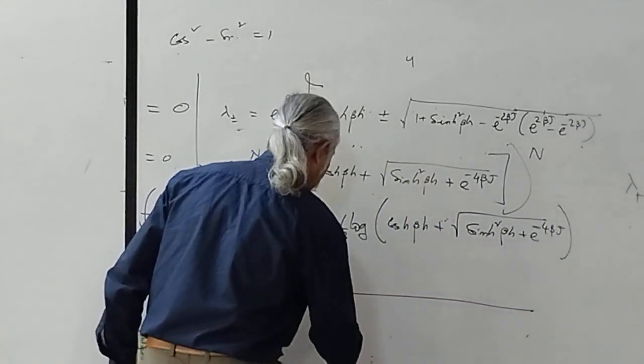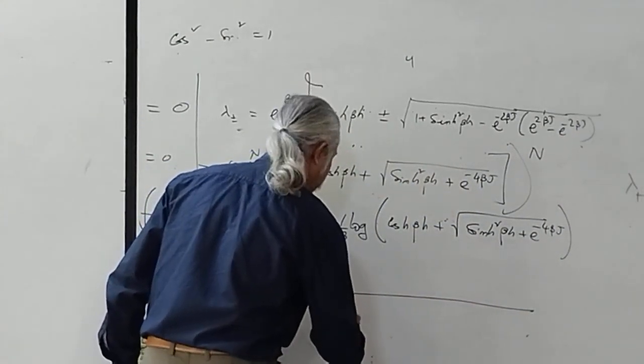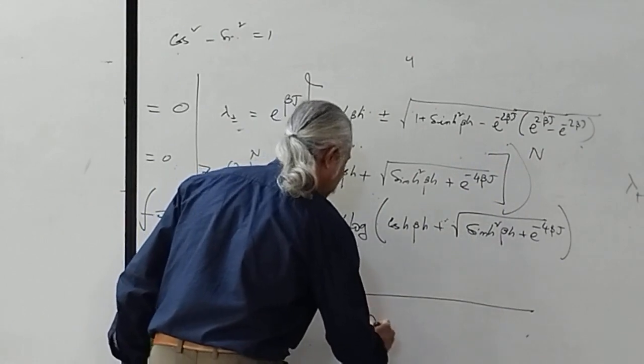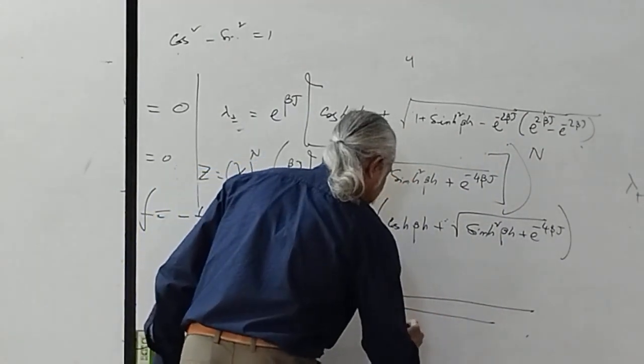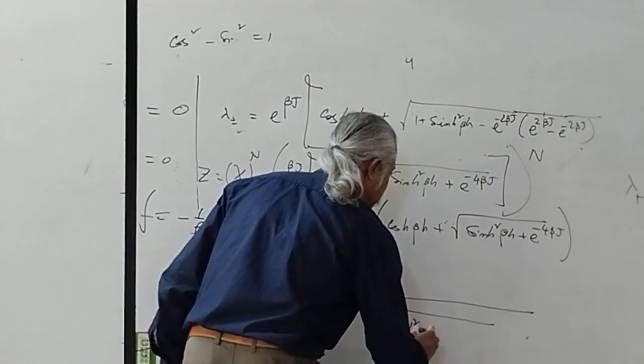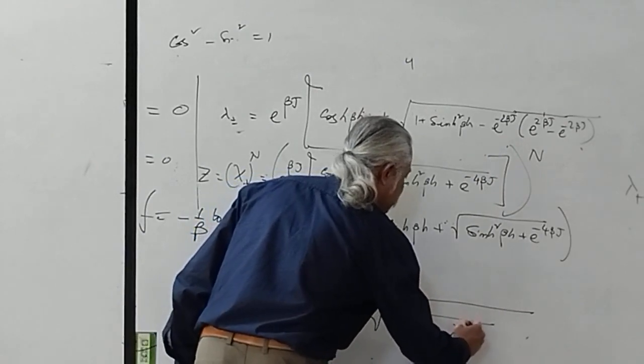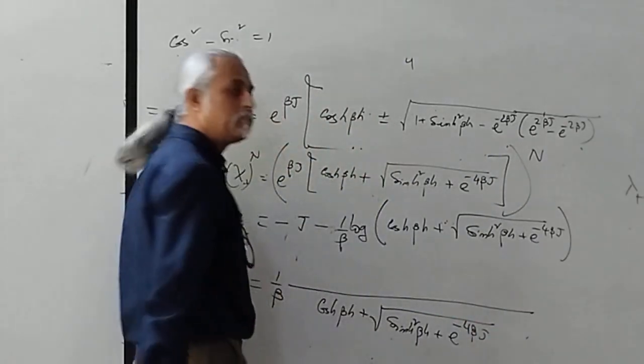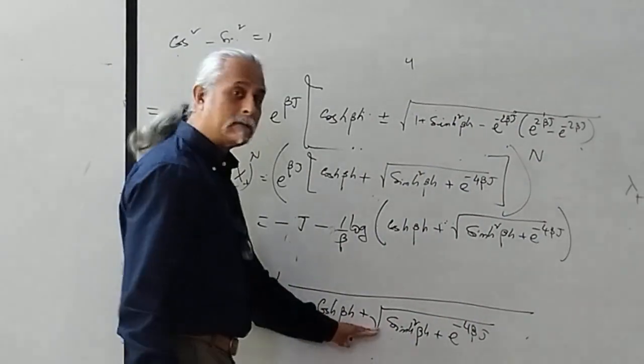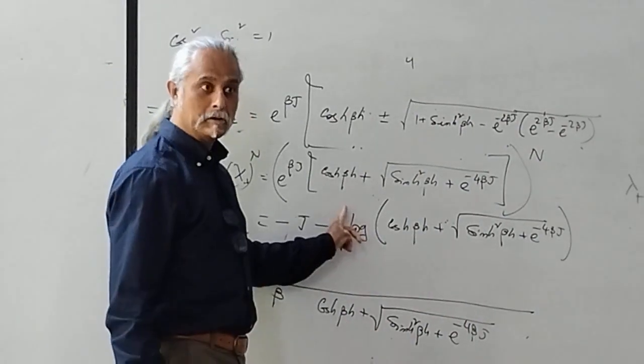Then you have cos hyperbolic beta H plus square root of sine hyperbolic square beta H plus e to the power minus 4 beta J. This came down because of log.